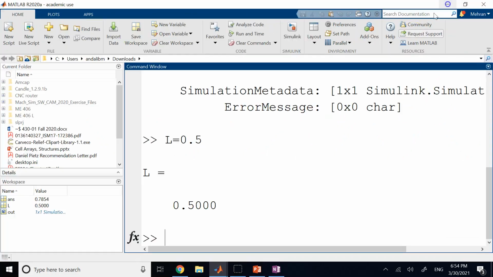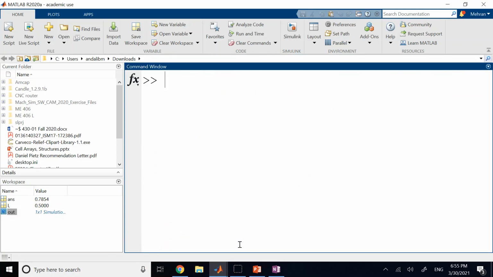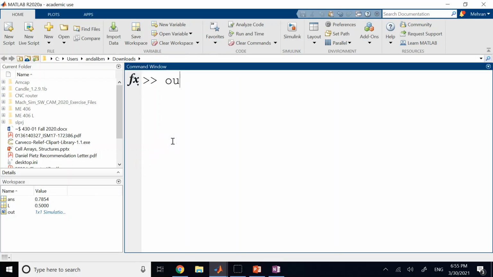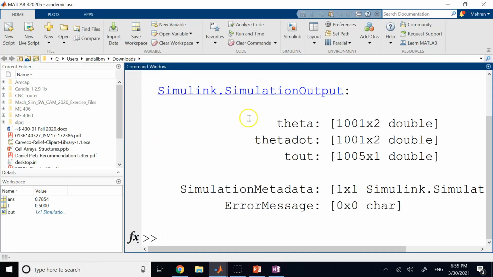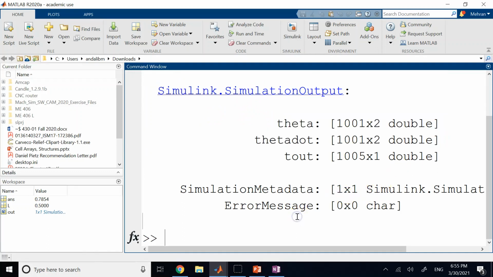Now look, I go back to my Workspace. Now again, I don't see theta and theta dot, which is kind of weird, right? Because I expected to have a variable theta and a variable theta dot, two arrays showing up here, but they don't. But if I look at this out variable, now you see it has inside it theta and theta dot.